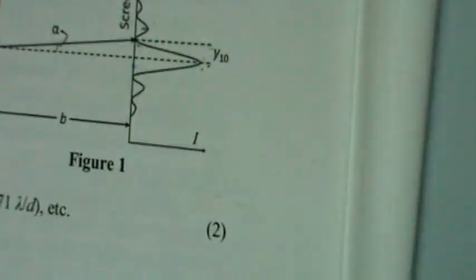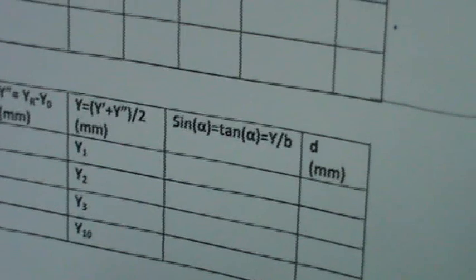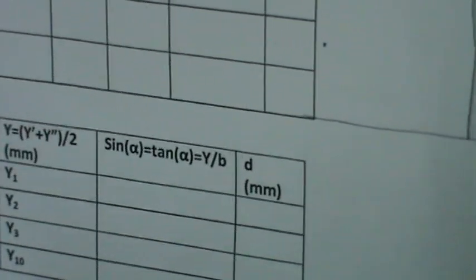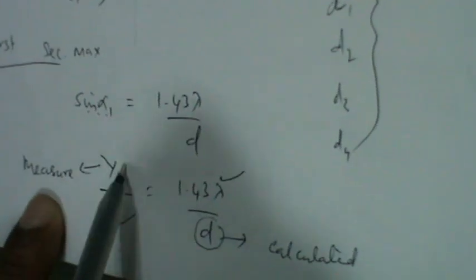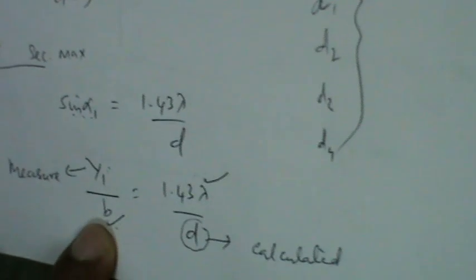So essentially what I have taken is that I have found out what is this distance, and also what is this distance here. So you take the average of these two, that will give you Y. Right? So we know, as I told you earlier, sin alpha 1, if you go for the first minimum, is equal to 1.43 lambda by d. So sin alpha 1 is y1 by b.